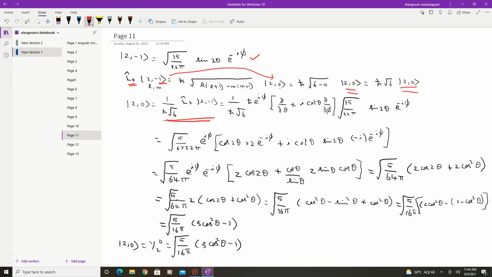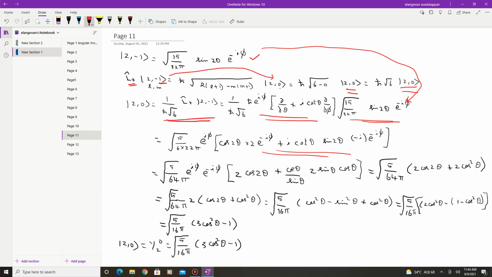The 2 comma minus 1 is already calculated. Now you operate this operator on the function. You will get this expression: square root of 15 by 6 into 32 pi, e power i phi, into cos 2 theta into 2 e power minus i phi plus i cos theta sin 2 theta into minus i e power minus i phi.